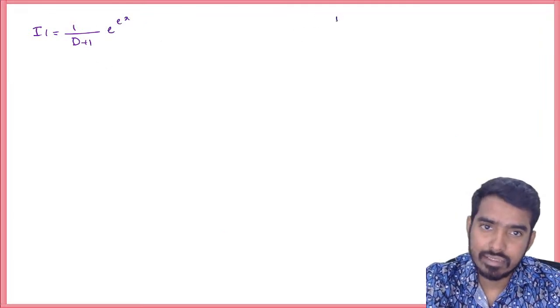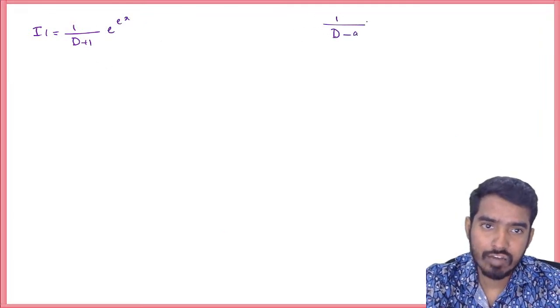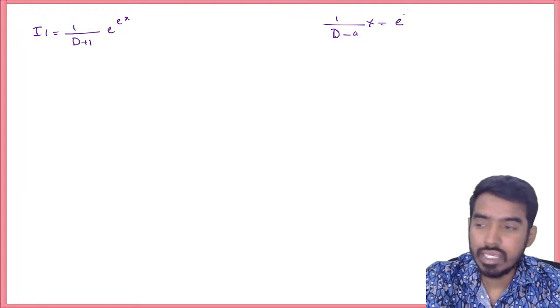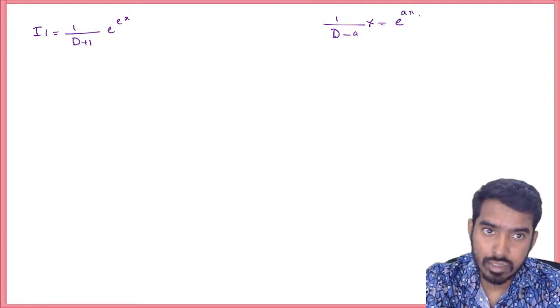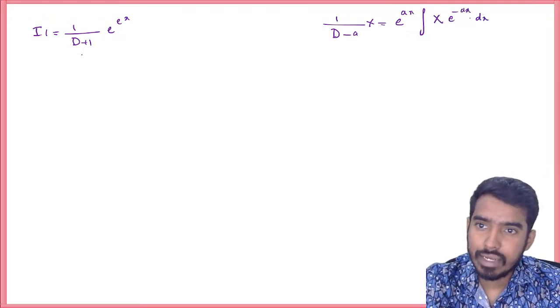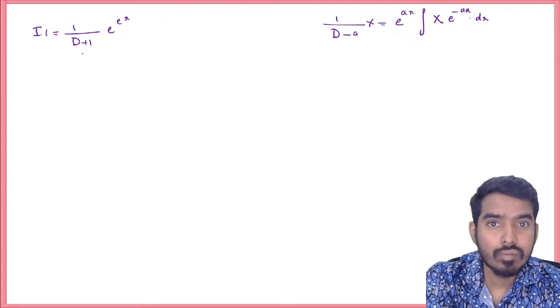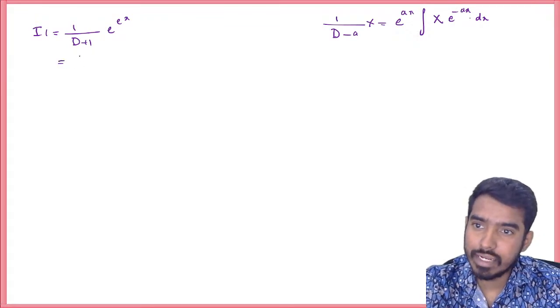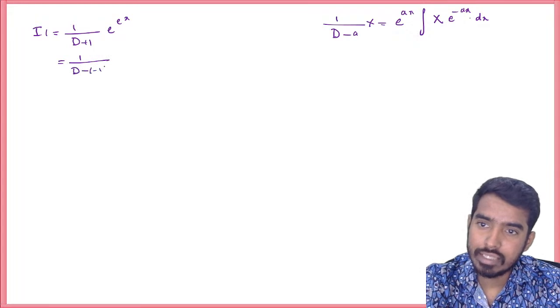Just compare with this: 1 by d minus a of x is equal to e power ax integration of x into e power minus ax dx, right? So compare here, we have a to be equal to minus 1, right? 1 by d minus of minus 1 e power x.